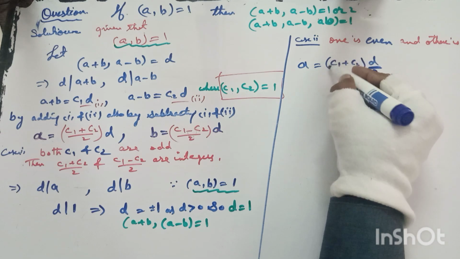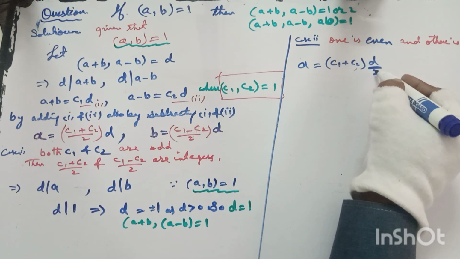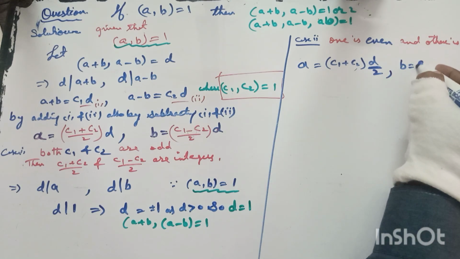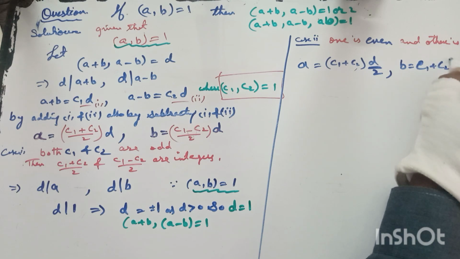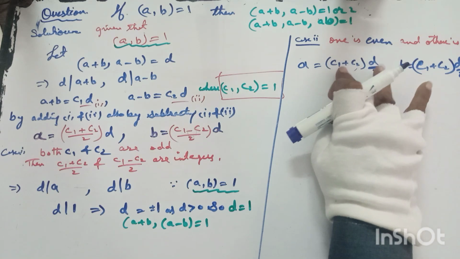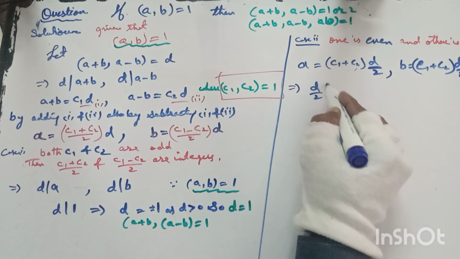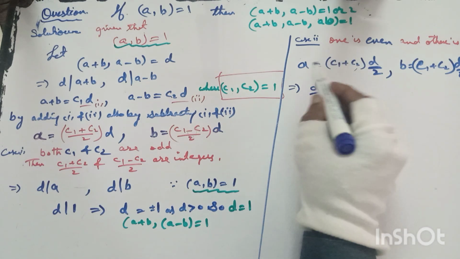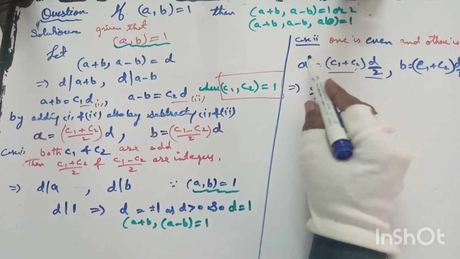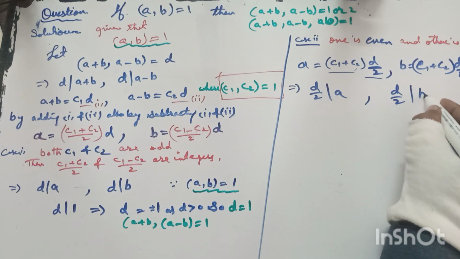This could not be a decimal, so 2 must be under the D. And in the case of B, C1 plus C2, 2 must be under the D. These are two factors of A. What does it mean? D by 2 divides A. The common divisor of this is a multiple, and these are two factors. A factor divides the multiple, and D by 2 divides B.